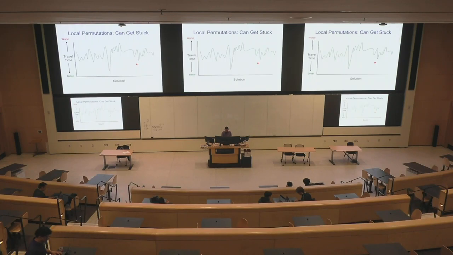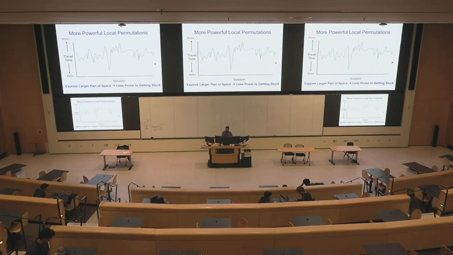So, for example, let's say that you are stuck here. Whatever improvements you do, you're gonna find a worse solution, and you're not able to get out, right? So if we use more powerful perturbations, we might end up moving somewhere else, okay? This is slightly better than the local minimum, and we're gonna take it, and now we can apply different perturbations again, and it will get us to a better solution, right?